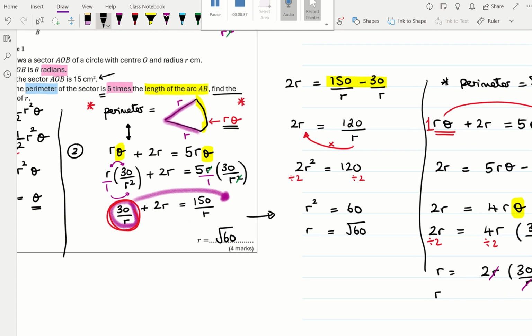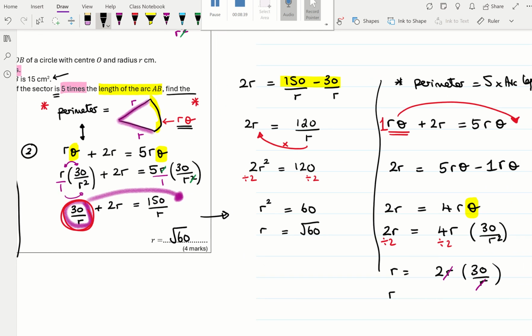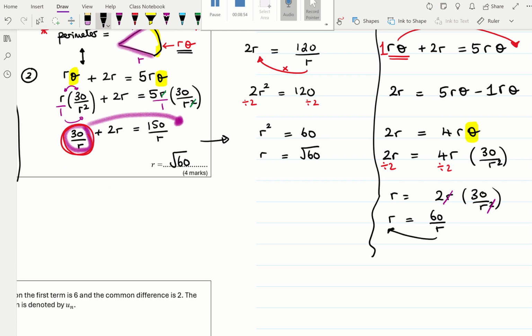What have I missed out? It's 30 over r squared. So I'll miss out, this is r squared. I'll cross out that. Okay, so r equals 60 over r. I multiply, r squared equals 60. So r equals root 60. So I just forgot to write r squared.